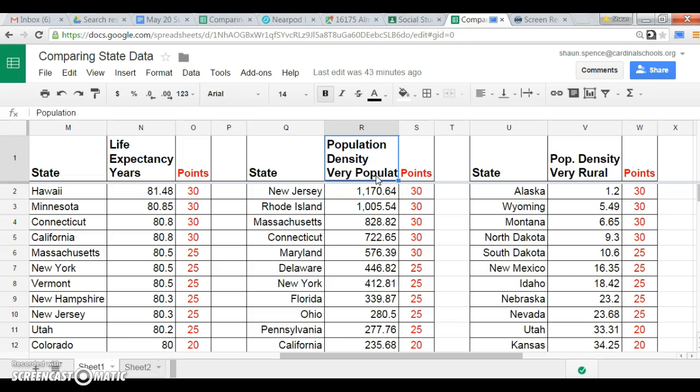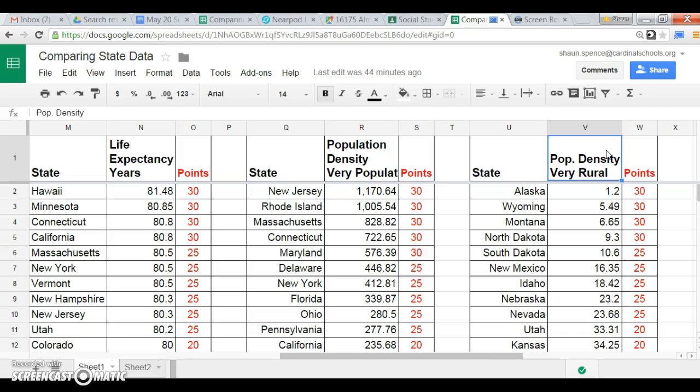Some of you prefer to be in a place that is very densely populated. In other words, that means there's lots of people, big city, freeways, restaurants, entertainment all around. But others would prefer a population density that's very rural. You'd rather have lots of land. You want a lot of space in between you and your neighbors.